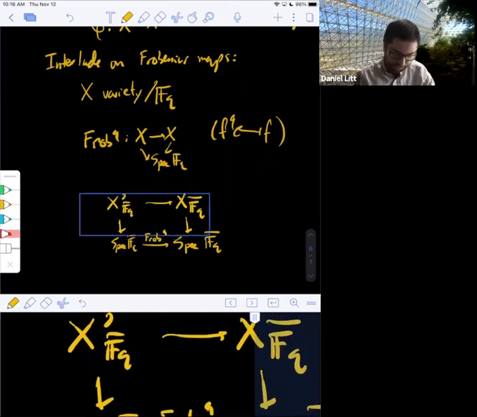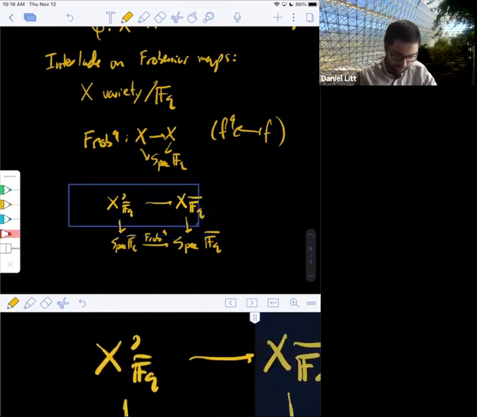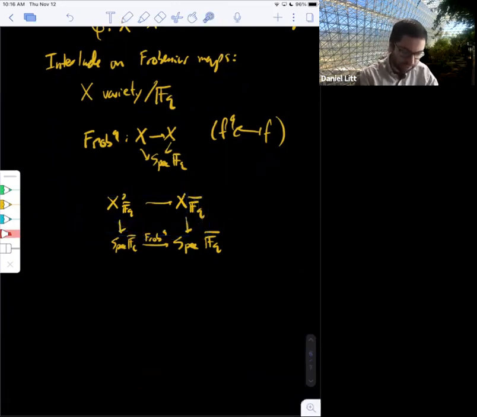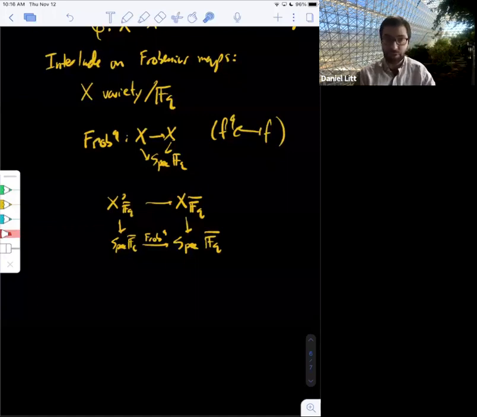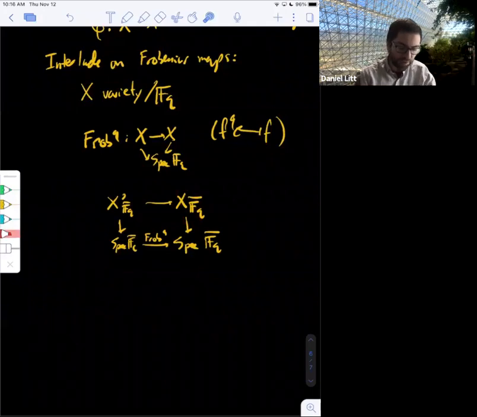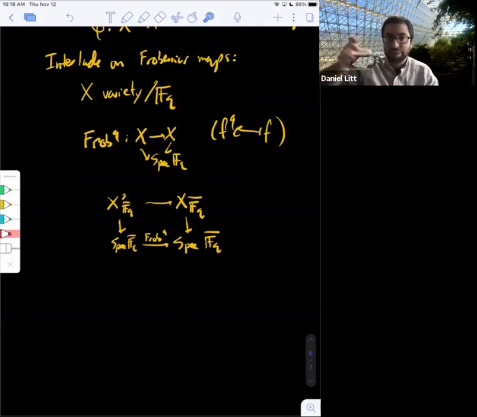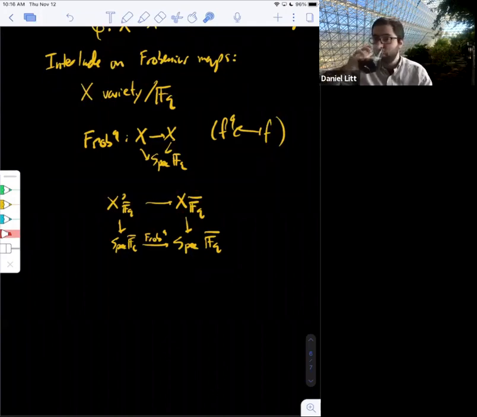Okay, so the key observation is that if X is defined over FQ, so you take a system of polynomial equations over FQ, then this pullback here is isomorphic to X. I mean, even this map is an isomorphism, but it is also an isomorphism over FQ bar.